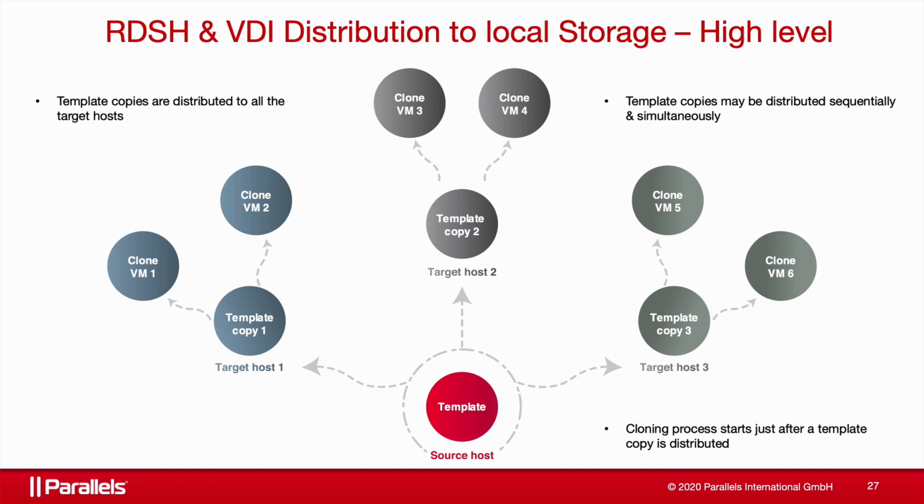Then the template copies may be distributed sequentially or simultaneously, depending on your network configuration and compatibility. And lastly, the cloning process starts just after the template is distributed. So it's pretty much a decentralized way to clone. However, you have centralized management to control all of your deployments.